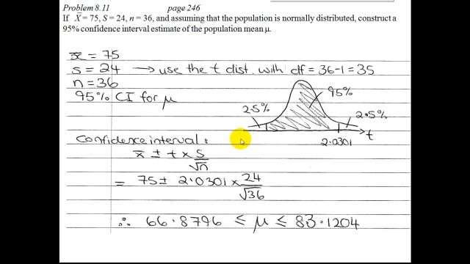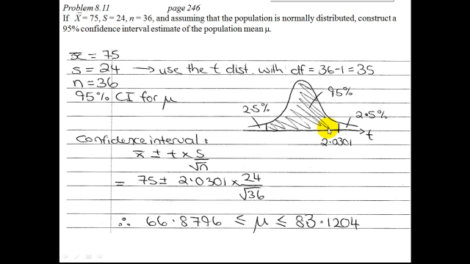It just so happens that here our point estimate is the sample mean, x bar. Our critical value is t, and our standard error is s over the square root of n. So we don't have sigma, we use s, the sample standard deviation, instead. Now we must get the t value. We need to know the critical value that goes into the formula.